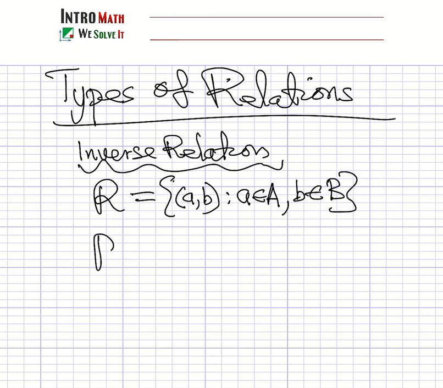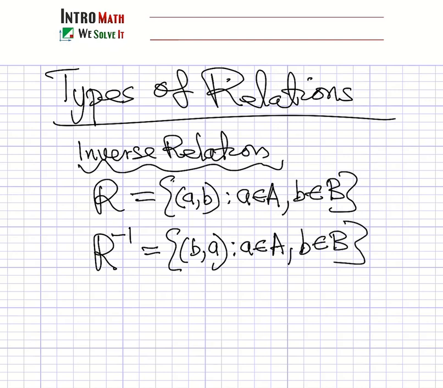Then the inverse relation is written like this. It's defined as you just switch the elements, (b, a) instead of (a, b), the same thing such that a is in A and b is in B. That's all. You just switch it around. That's all that means.